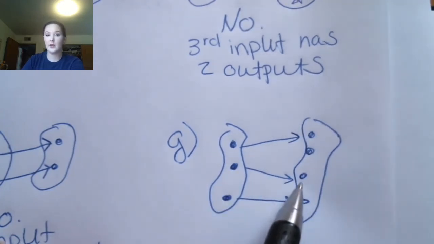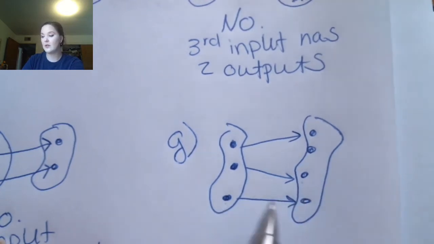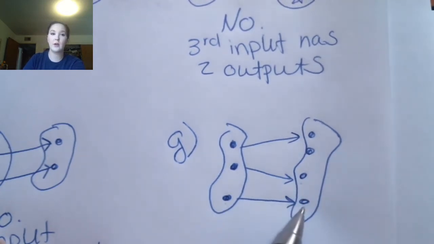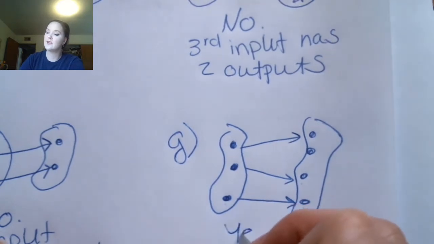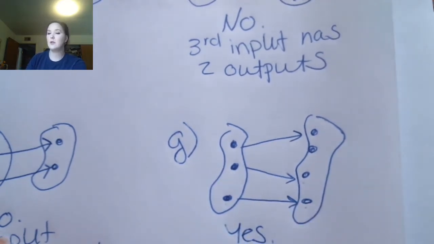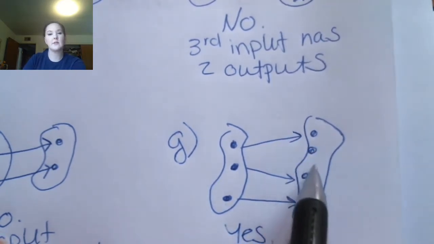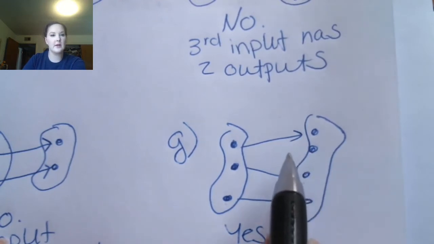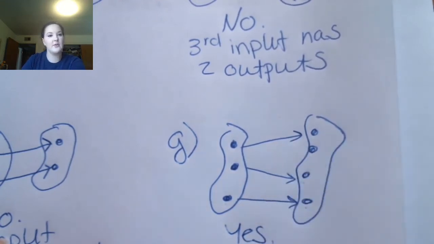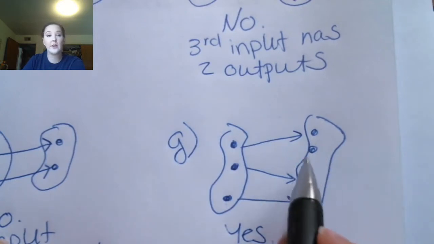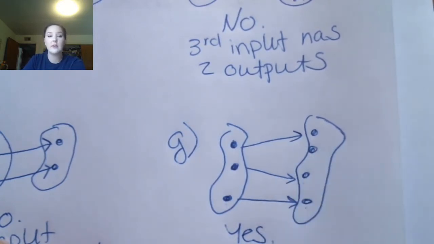Yes. Is there more than one? No. Is there an output value? Yes. Is there more than one? No. So we would say yes, this is a function. And you might say, but what about this? There's nothing that lands here. Not an issue for a function. It is kind of weird, seems unusual, but that's not keeping it from being a function.